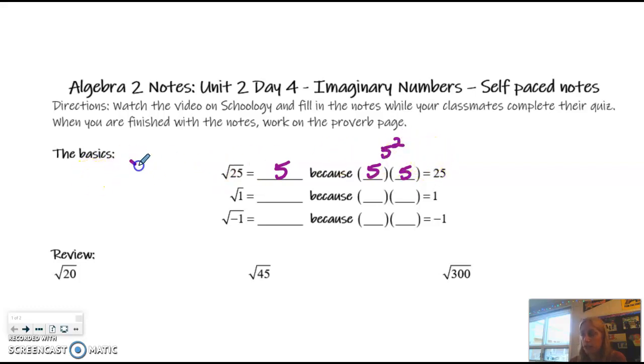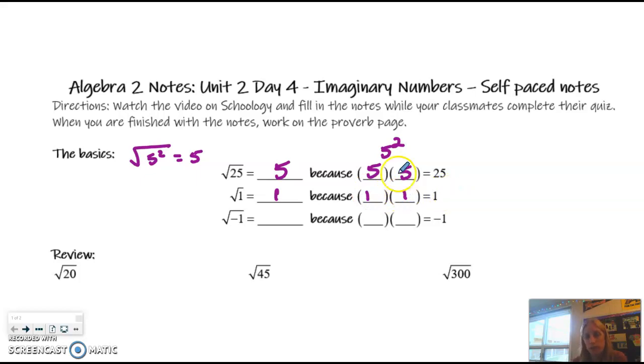And when I take the square root of a square, square root cancels square, and I'm just left with 5. Hopefully you covered that back in middle school or Algebra 1. Another example of that being that the square root of 1 is just 1, because 1 times 1 equals 1.